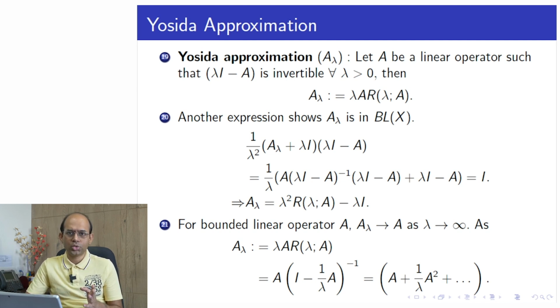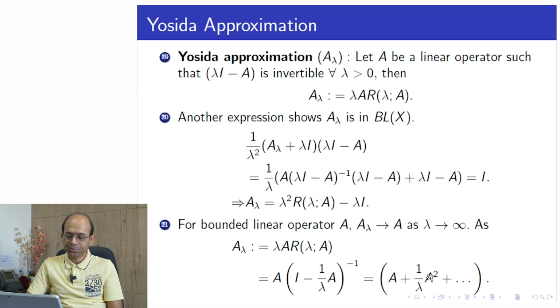So I can always choose a lambda larger than the norm of A. We know that whenever I have an operator B whose norm is less than 1, I minus B inverse can be written as the expansion I plus B plus B square plus B cube, etc. So we write down I plus 1 over lambda A plus 1 over lambda square A square, etc. And then this A was already there outside, so we multiply A inside, and we get A plus A square by lambda plus A cube by lambda square, etc.